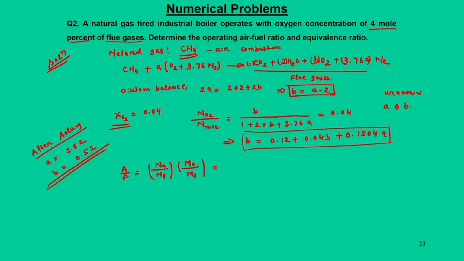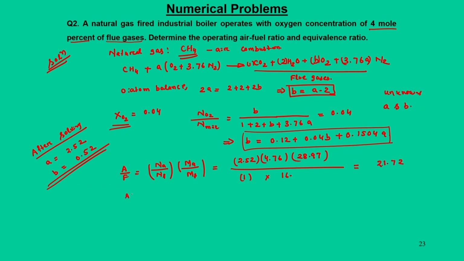In this case it is 2.52 into 4.76, the total number of moles of air per A, times the molecular weight of air 28.97, divided by 1 mole of fuel into 16, the molecular weight of methane. So this number is 21.72.